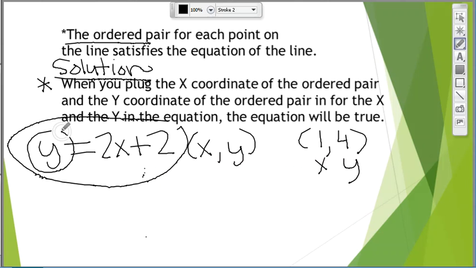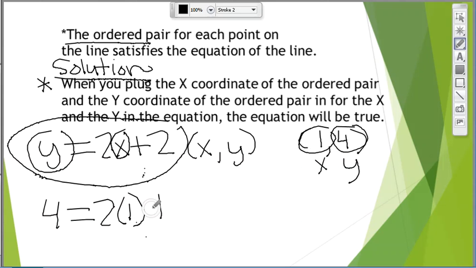So instead of this y, if I plug in 4, and instead of this x, right now we have 2 times x plus 2. So if I plug in a 1 instead of that x, I'm going to have 2 times 1 plus 2. And 2 times 1 is 2. 2 plus 2 is 4. 4 does equal 4.